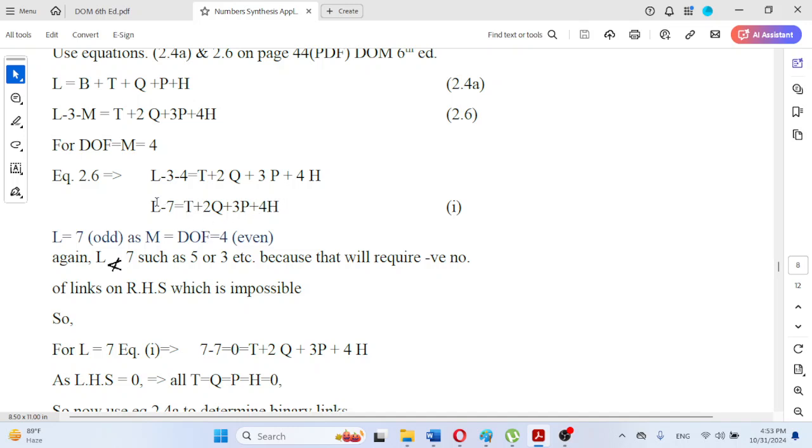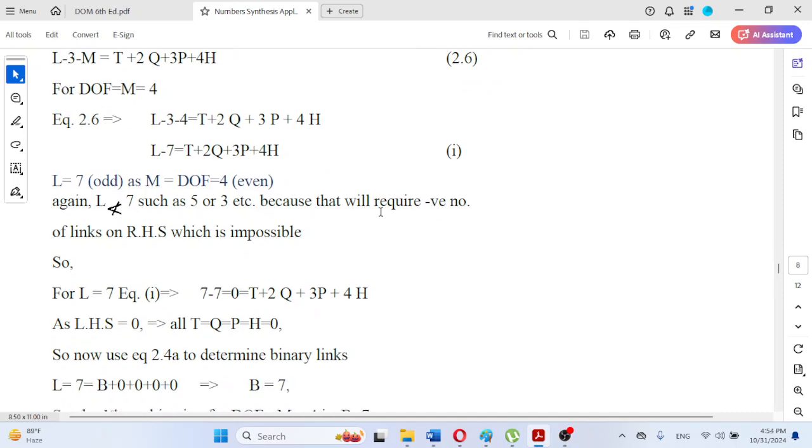So we start from the minimum number of links, L equal to 7. L can never be less than 7, such as 5 or 3 or even 1, because that would require a negative number of links on the right hand side, which is impossible.